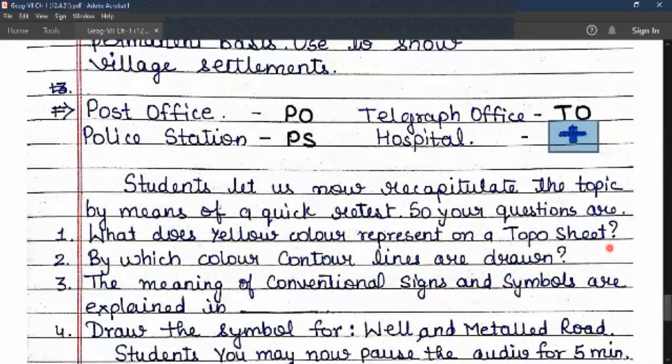Number 3, the meaning of conventional signs and symbols are explained in dash, fill in the blank. And number 4, draw the symbol for well and metalled road. Students, you may now pause the audio or lesson for 5 minutes to answer these questions.